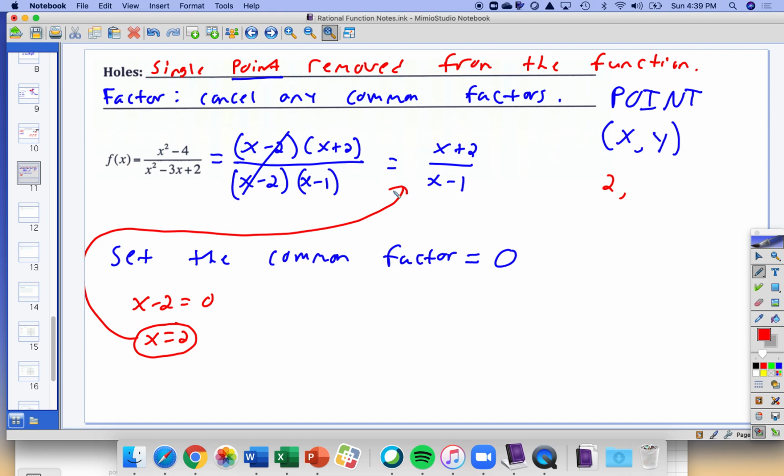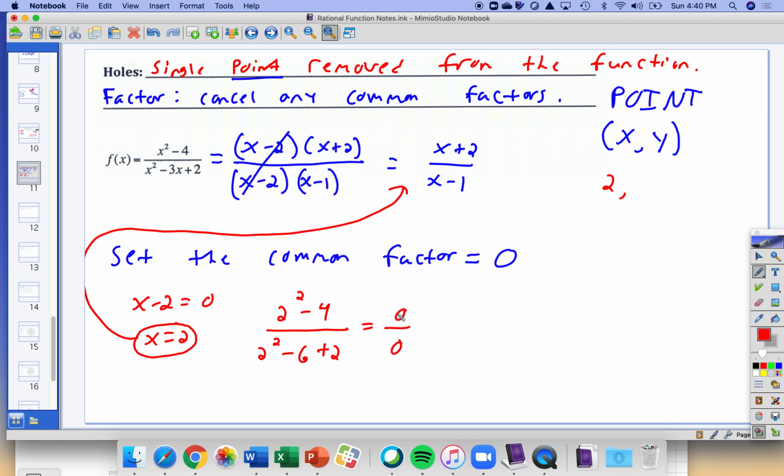Now, why the simplified version? Well, let's go back to the original function. If I was to input 2 into the original function, I would get 2 squared minus 4 over 2 squared minus 6 plus 2. This gives you 0 over 0.